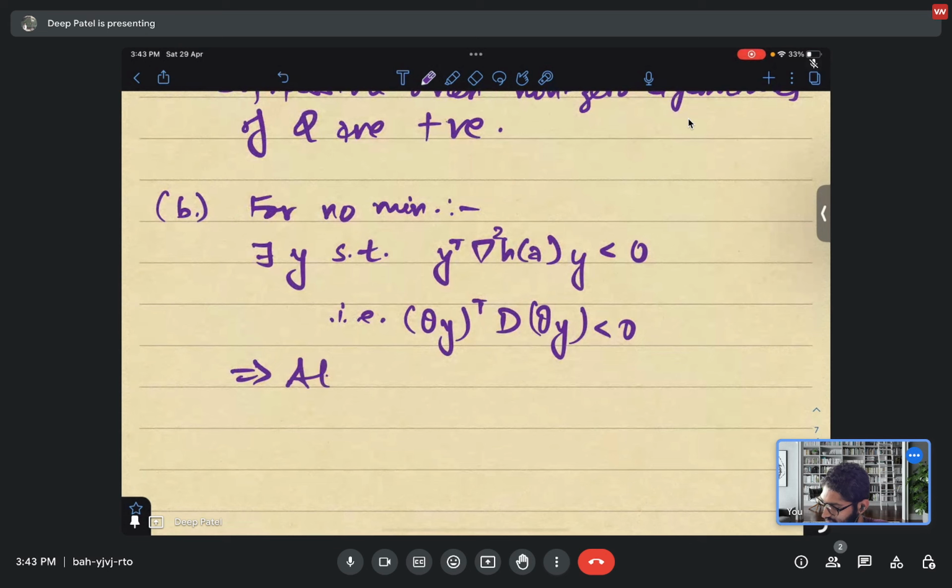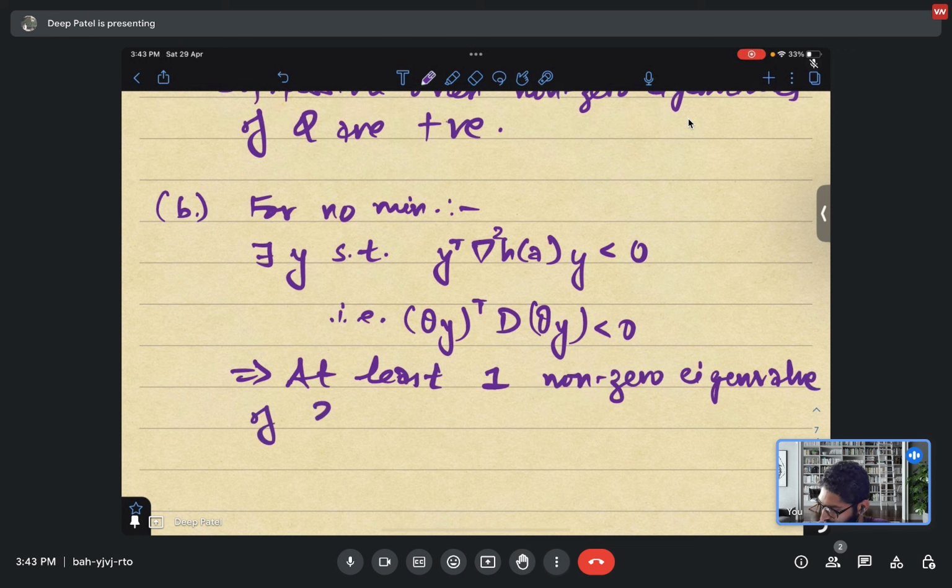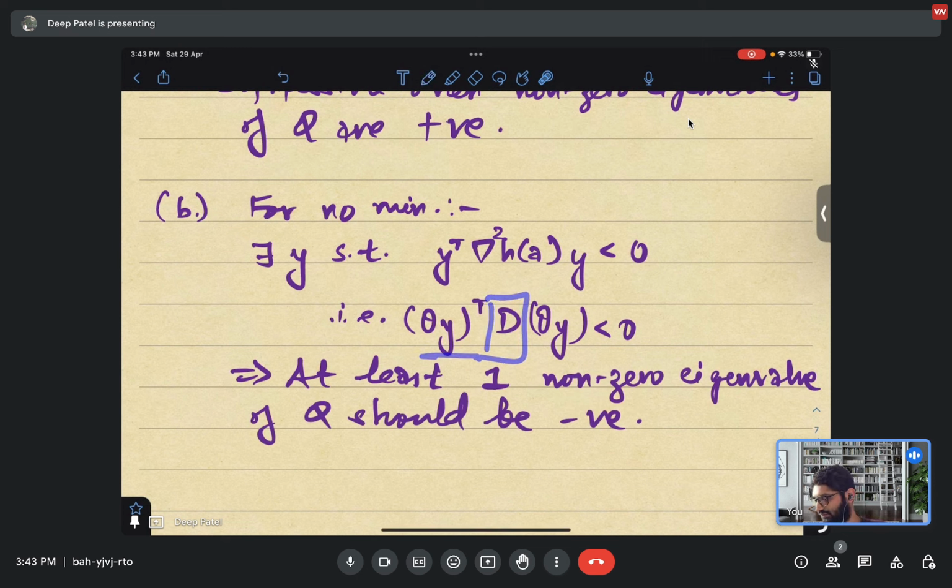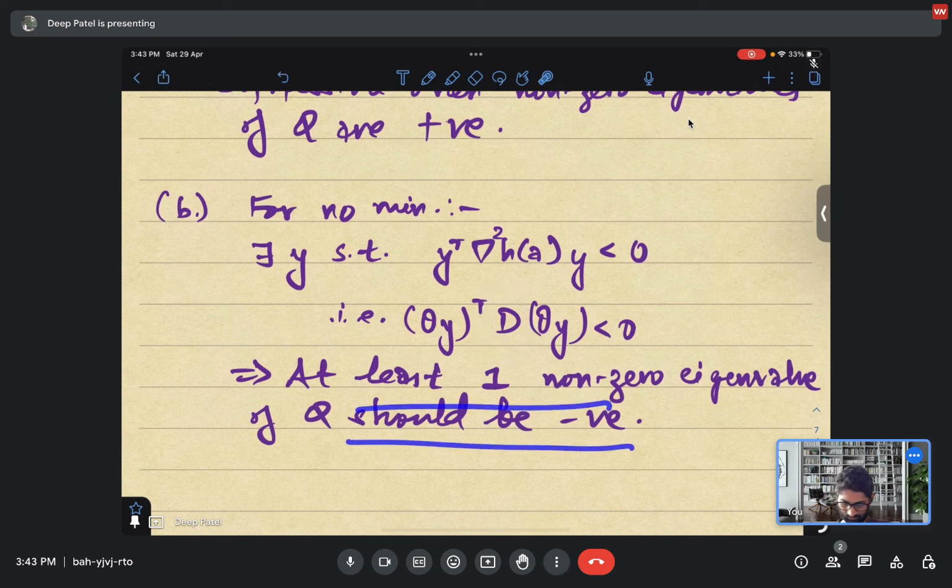This implies at least one non-zero eigenvalue of Q should be negative, because this is a diagonal matrix containing all the non-zero eigenvalues of Q. So if we try to do a line search for such directions, then if the Hessian does not satisfy these conditions, we may or may not get to that appropriate alpha that we are looking for.